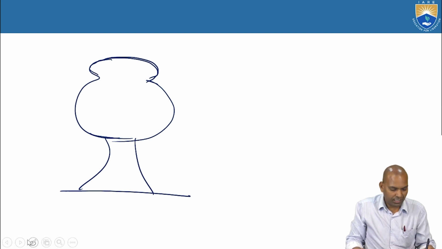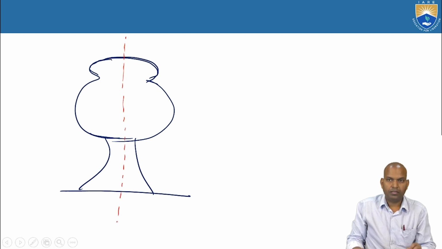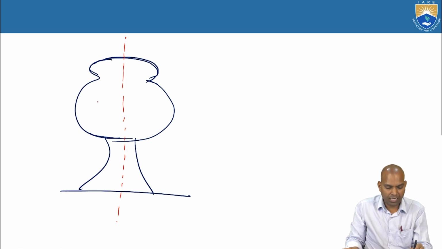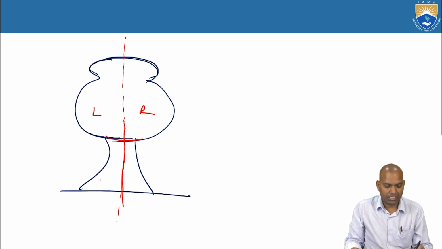If you draw a vertical line and fold it, it is exactly the same on the left side and right side. The geometry should be the same. That means the section is symmetrical about the vertical axis.